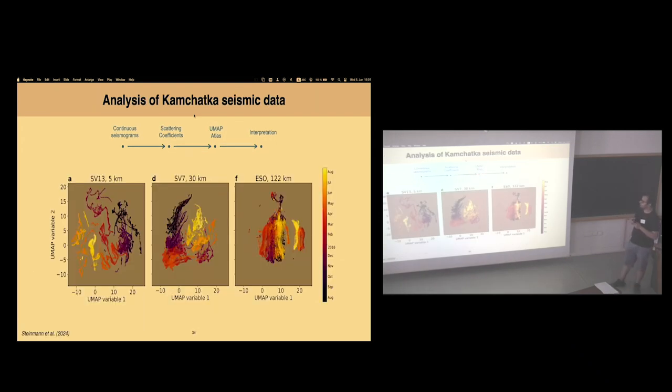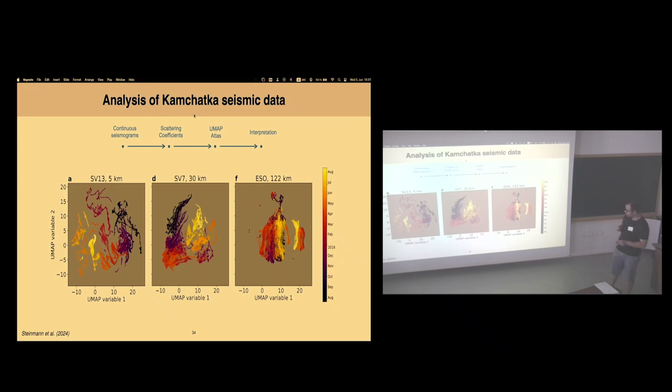And if we apply this UMAP on the scattering coefficient, what you can see here is the result of the UMAP for different stations: the station at a distance of 5 kilometers, 30 kilometers, and 100 kilometers.